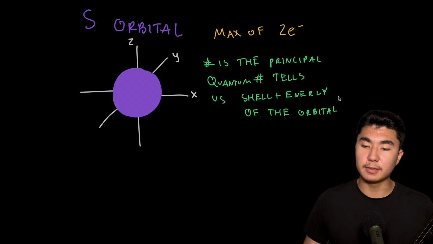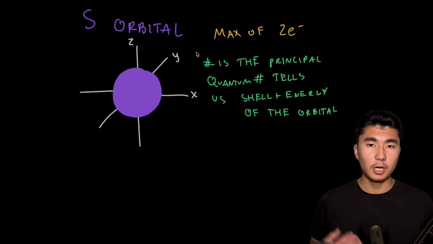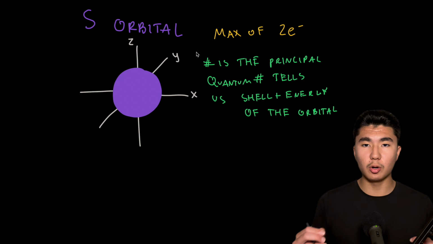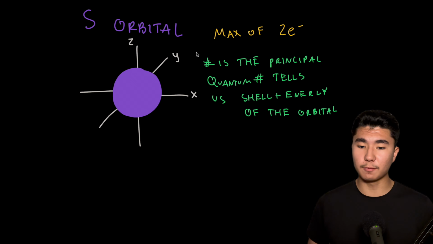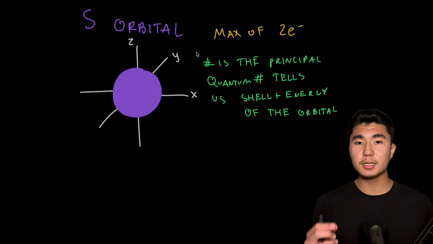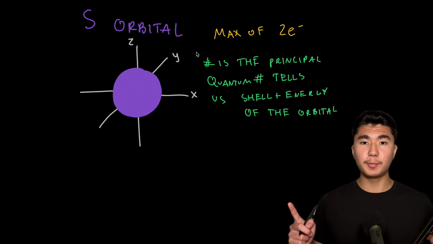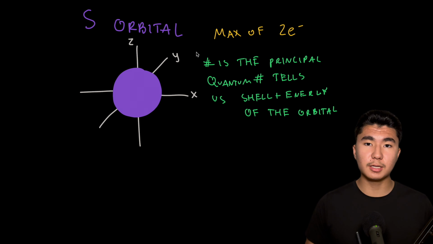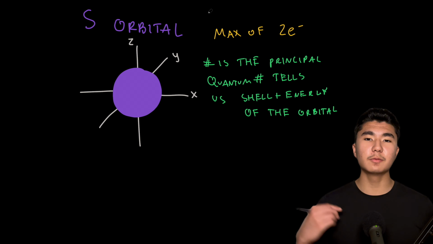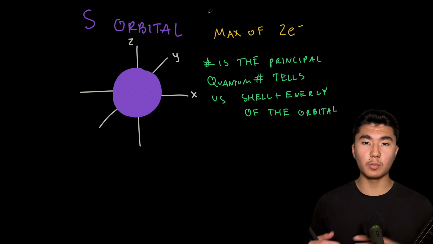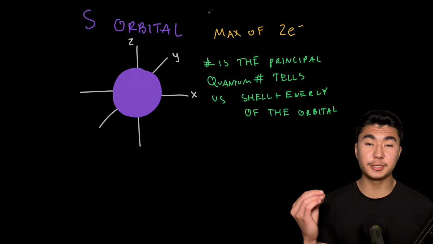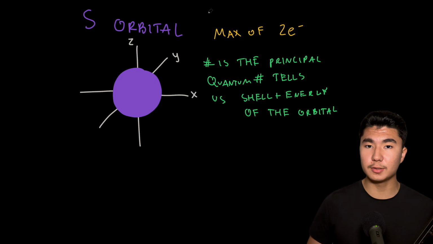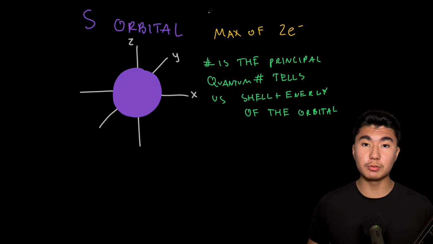So what do I mean by this? Well, the principal quantum number really shows us at which row this orbital is. So for example, we have 1s versus 2s orbitals. 1s is going to be that first row in the periodic table covering hydrogen to helium, while 2s is going to be covering lithium to neon and so forth. So the number in front really shows us which shell we're at, so 1s, 2s, 3s, 4s, and this also shows the energy of the orbital as well.